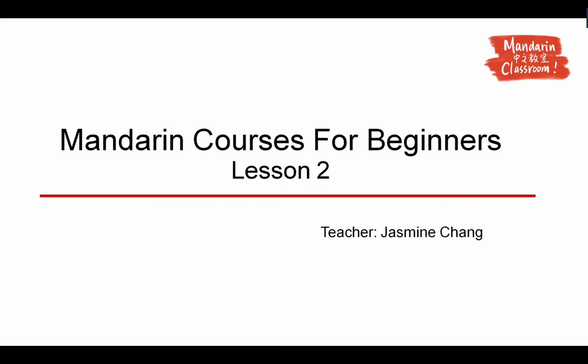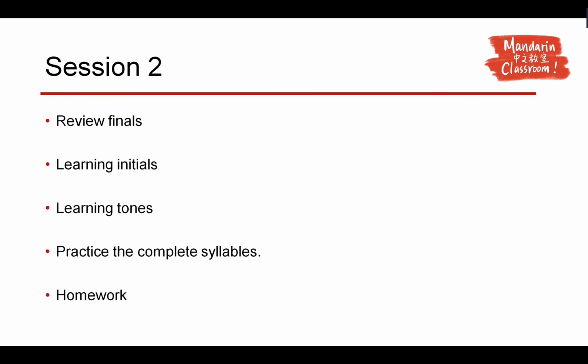Today we're going to learn the second lesson of Mandarin pronunciation courses. So, let's see the instruction of our session 2. We divided into 5 parts for this lesson. Firstly, we are going to review the finals, and then we are going to learn the initials and the tones.